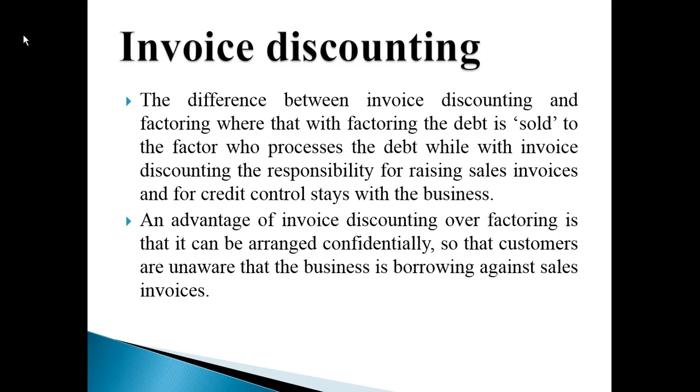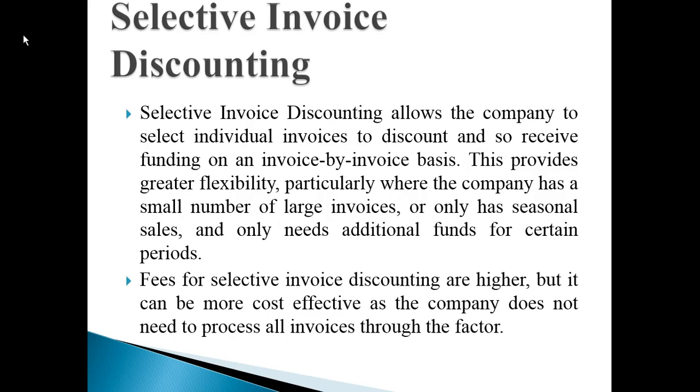In invoice discounting, it's only borrowing against invoices. Also, the advantage of discounting over factoring is that it can be arranged confidentially so that the customers are unaware of the business borrowing against the sales invoice.